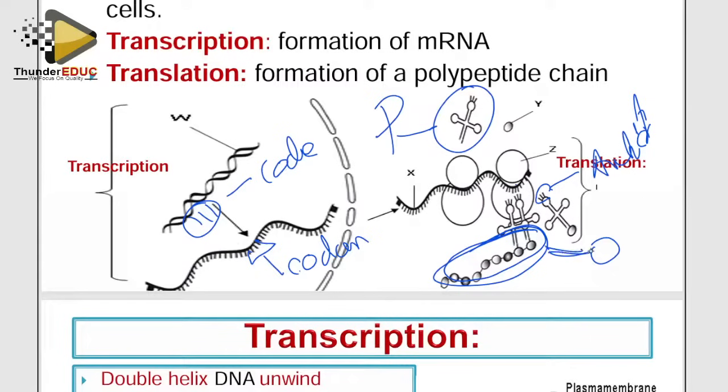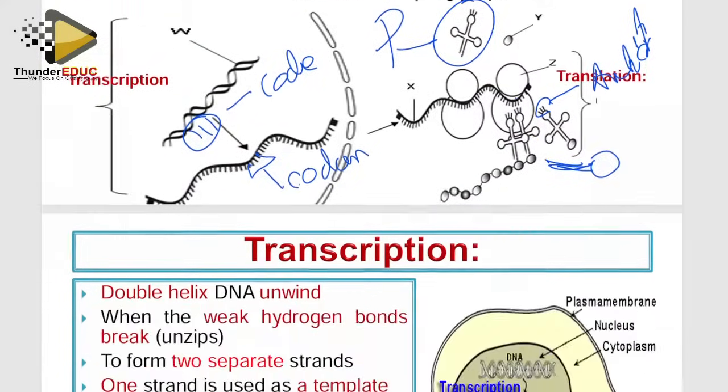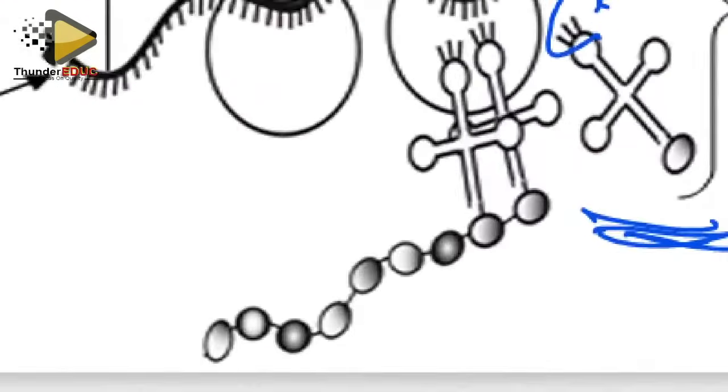Guys, O, thank you so much. O is the polypeptide chain. Let me show you what is a peptide bond. Let me zoom this out. This is the polypeptide. This is a peptide bond. We don't have a polypeptide bond. No, we have a peptide bond. You see these lines?